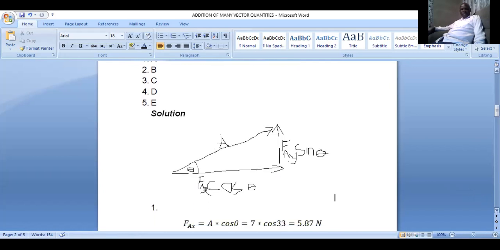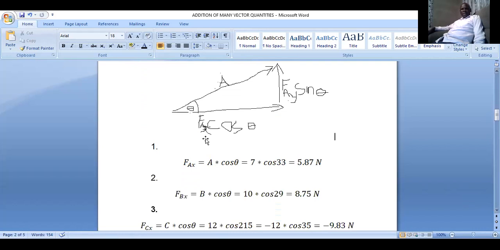When you substitute what is given there, for number one, force A would be 7 times cos 33, which is 5.87, and it's positive. That is resolving it into the x-axis.